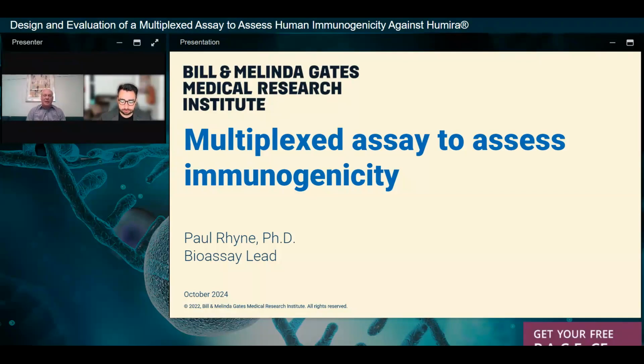The bad news, particularly when you deal with regulatory agencies, is that you may be generating more data than you're being asked for. So you run the risk of, well, we had a great screening assay, and now we showed that there's an IgM and an IgG4 response or an IgG1.